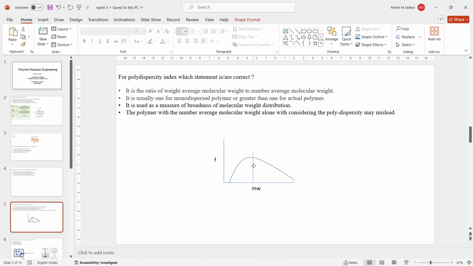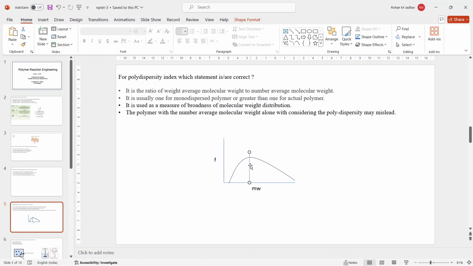And we can see right here that the first option says it is the ratio of the weight average molecular weight to the number average molecular weight, which is the classic definition of the polydispersity index in itself. So that is true. Then we have: it is usually one for monodispersed polymers or greater than one for the actual polymer.